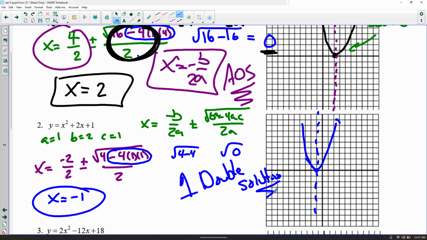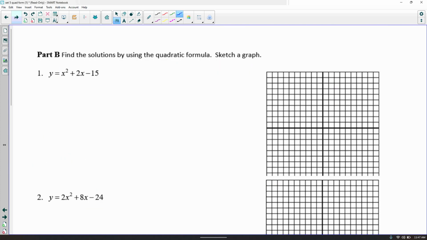All right, moving to part B. Here we go. Do it all over again. Write your quadratic formula down. Your destiny is to write the quadratic formula 1,000 times.